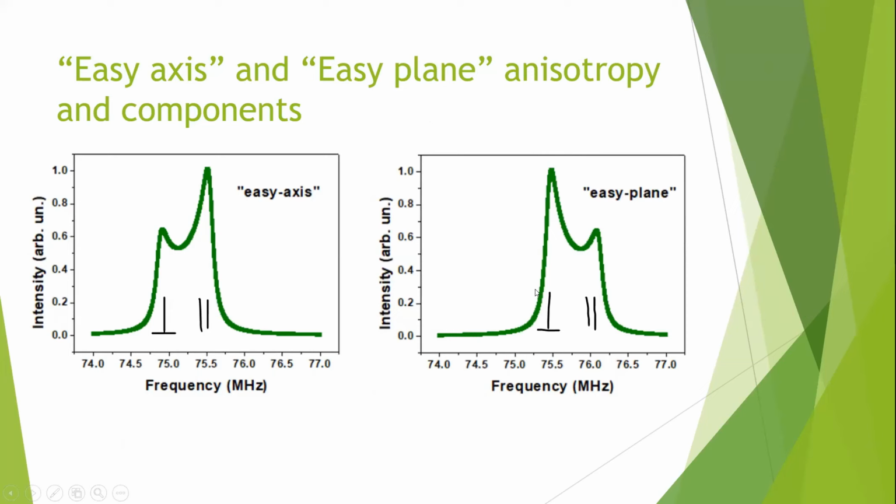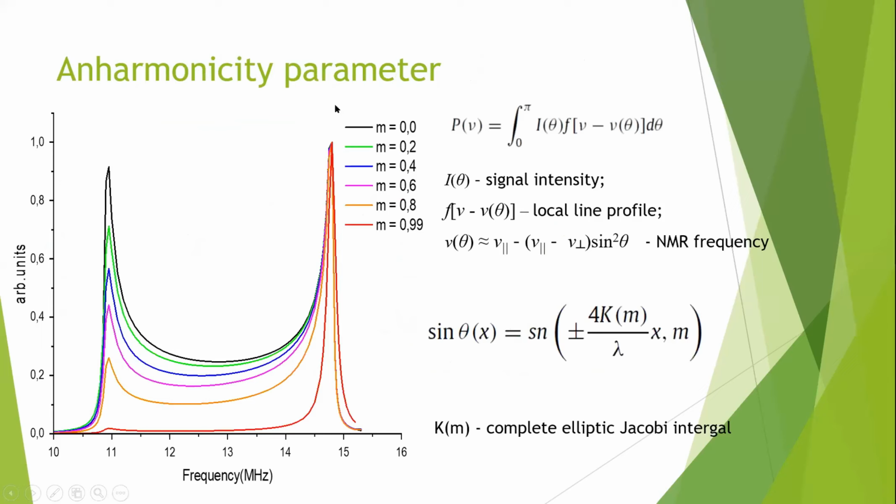This type of anisotropy stands for the spatial spin modulated structure with most of the vectors directed along the polarization axis, the polarization vector. So when we see this type of spectrum, with different intensity of the peaks, we can say that it's some type of anisotropy, and it's anharmonic.